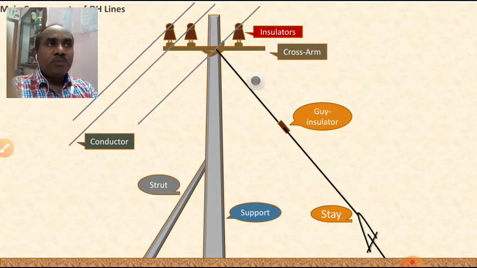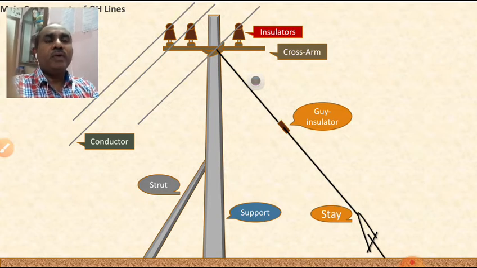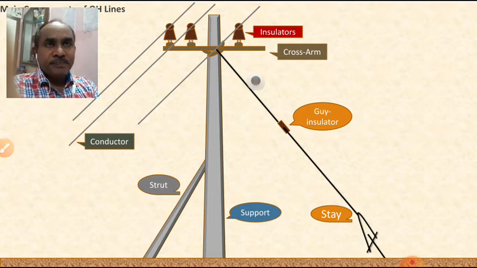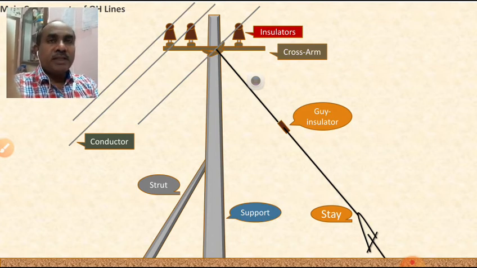Now in this problem also we are going to calculate how many poles, how many cross arms, how many pin insulators, how many shackle insulators at cut point, at starting, at end point, at corner.